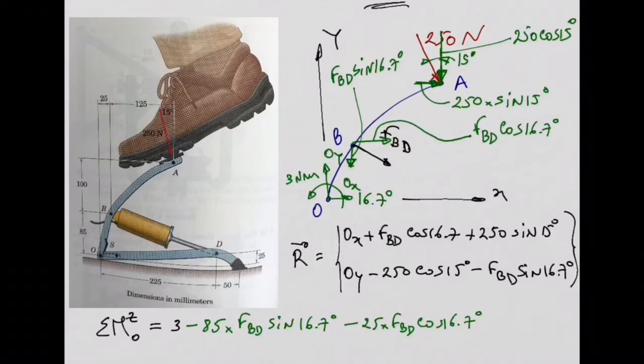And now we do exactly the same thing. If we look at this component first, the moment about point O is going to be clockwise or anti-clockwise? Clockwise. This is the line of the force, so the distance I need to consider is this, which is how much? 185, right?